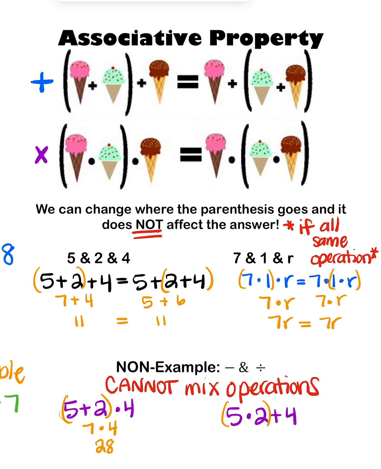On this side, we have 5 times 2 is 10, and 10 plus 4 is 14. So we can clearly see these are not equivalent, not equal, because they are non-examples, okay? We cannot mix operations, and we cannot use anything that involves subtracting or dividing. And that is the commutative and associative property. Go practice.